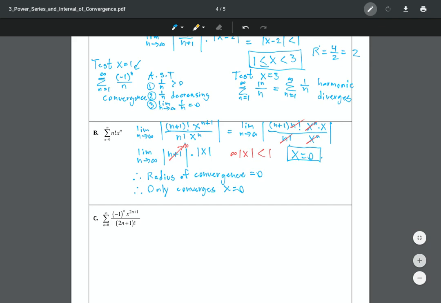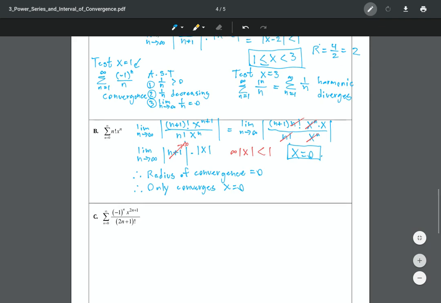On C, what we're going to do now is let me fold this over. We're going to do this ratio test again. This is a power series. So now I have -1 to the power of n plus 1, x to the power of 2n.